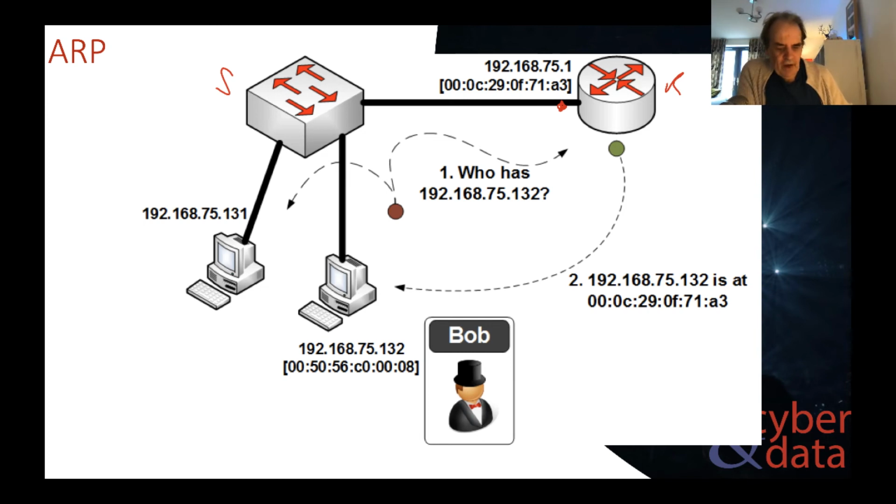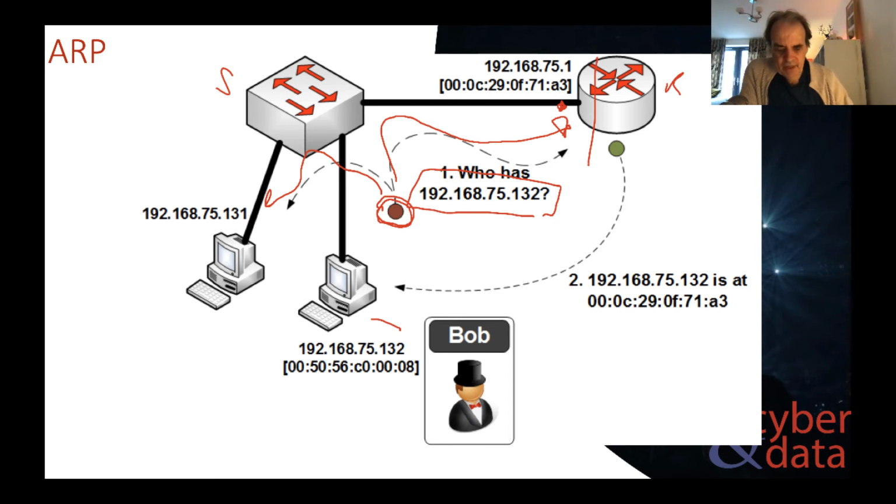If a computer wants to know the MAC address of another computer, but it knows its IP address, it sends out an ARP request to the whole network. So in this case, Bob wants to know who has that address. That's sent out, broadcast across the switch to every port, and across here. It will eventually go to here and stop.